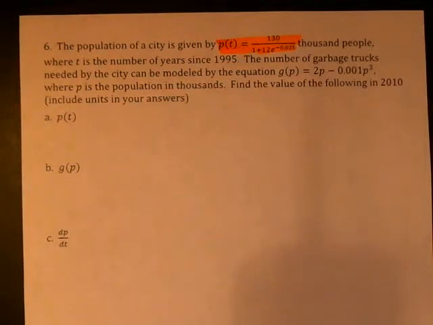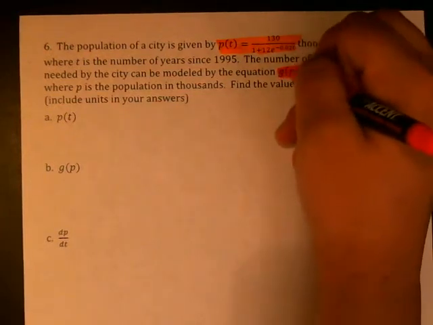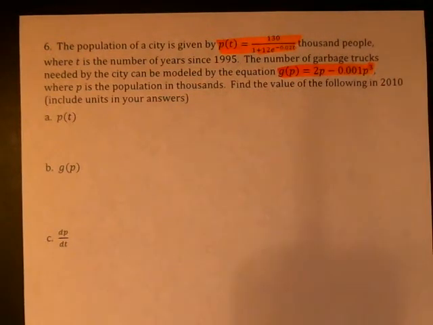And then I have this function g of p, that inputs population in thousands and outputs number of garbage trucks needed by this city. Okay, so I want to go through and find the value of each thing, I have A through E here, in 2010.